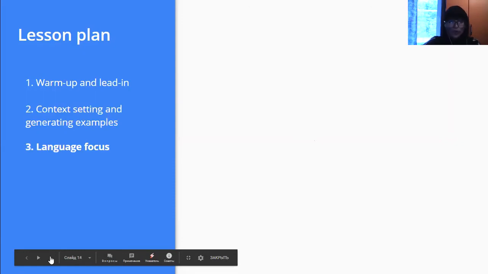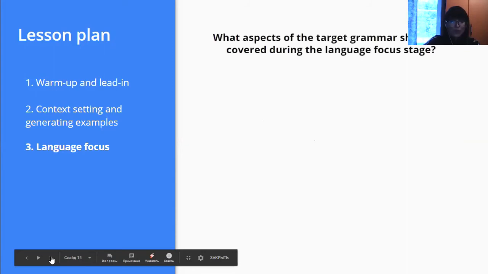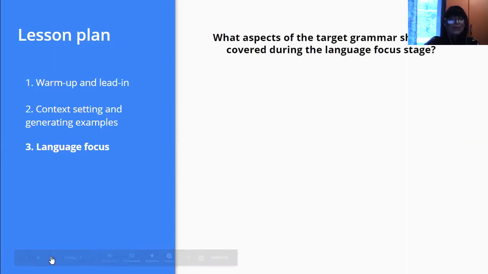As for language focus, here we're going to take a look at some aspects of grammar. If we're talking about grammar, which aspects do you personally focus on while presenting a new grammar piece? Do you only discuss, for example, form, or only meaning, or anything else, or maybe several aspects at the same time?